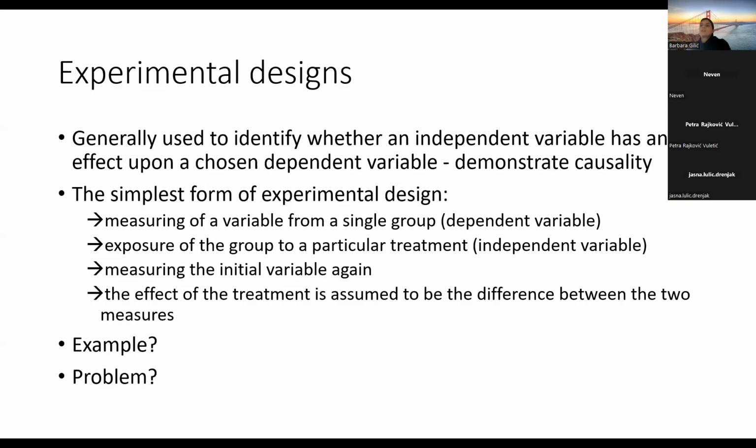So the effect of the treatment is assumed to be the difference between the initial and the final measurement of your initial variable. I will just give you an example. This example has just one problem, and the problem is that it assumes one group of participants. And why is this a problem?